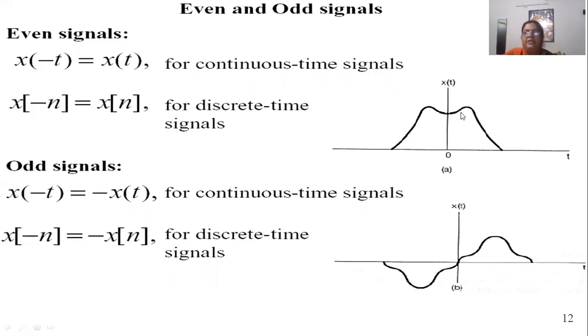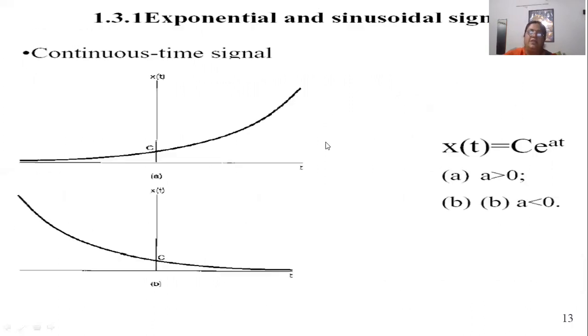If there is a symmetry between the first and second quadrant, then it will be even. If it is between the first and third, then it will be odd. So we are taking even and odd symmetry about the axis, the horizontal axis, and we can say that the signal is either even or odd.